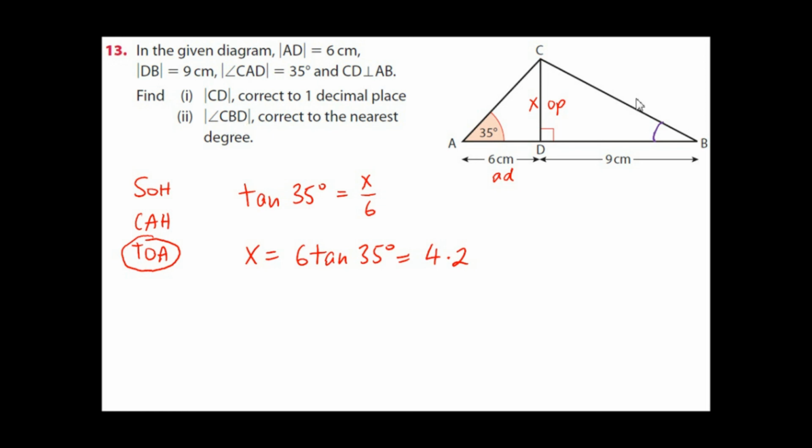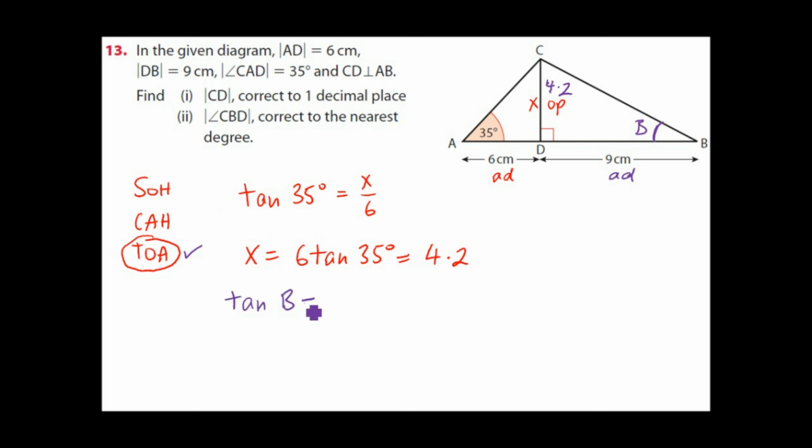Okay, looking at the second question, it's asking to find this angle at B. Now I'm going to give it a single name. I'm going to call it B. Now we have our opposite, which we worked out already is 4.2, and we have the adjacent side, which is 9. So again, we're into opposite and adjacent, which is the tan angle.